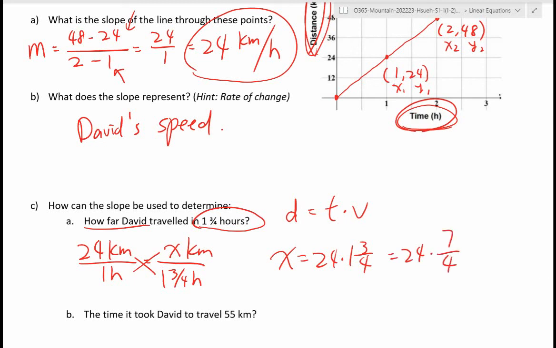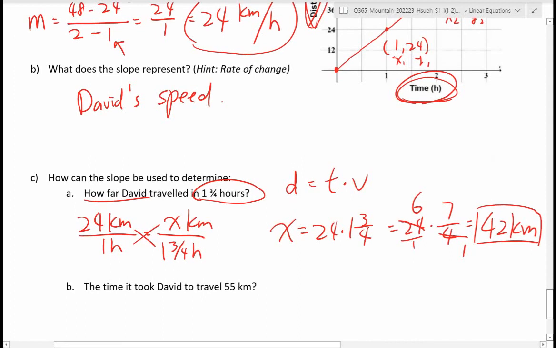That's how you change a mixed number to a fraction: 4 times 1 is 4, plus 3 is 7, so 1 3/4 is 7 out of 4. You can write 24 as 24 over 1, then reduce by dividing 24 by 4, you get 6. 6 times 7 is 42 kilometers. So that's how far David can travel in 1 3/4 of an hour.